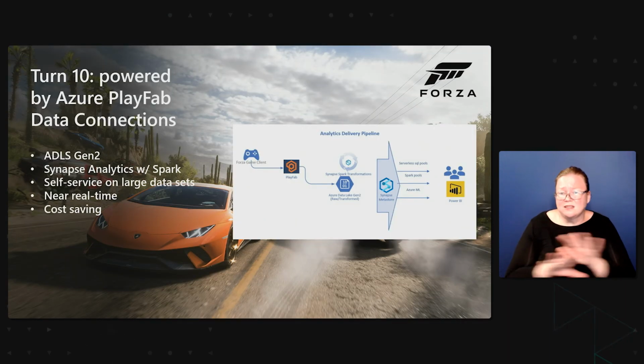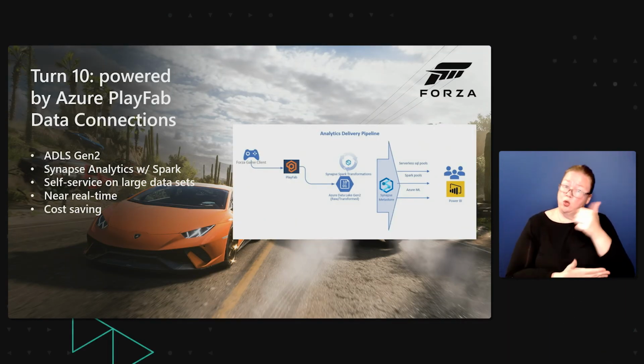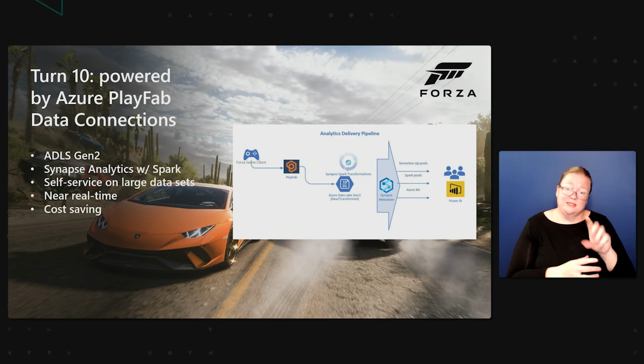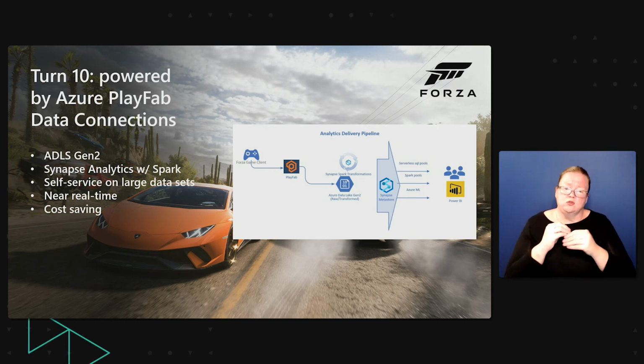So the newer design would be using PlayFab data connections to directly push telemetry data into our Azure Data Lake Gen 2, bring your own storage. And so that completely avoided that extra hop in the data, which improved our experience by reducing the latency for our analysts who are going to use the data, and lowered costs because we don't have to maintain those exports.